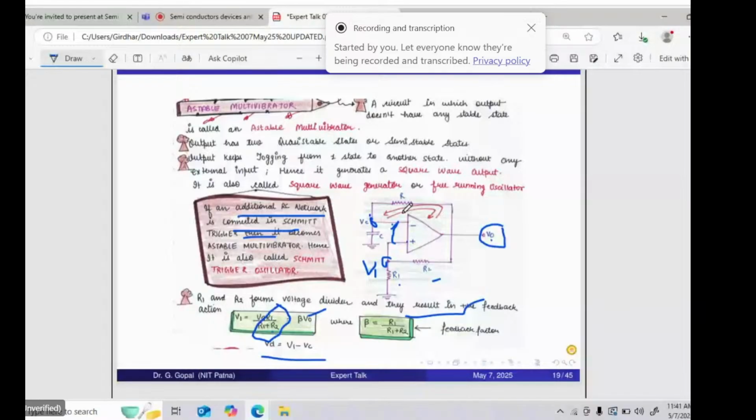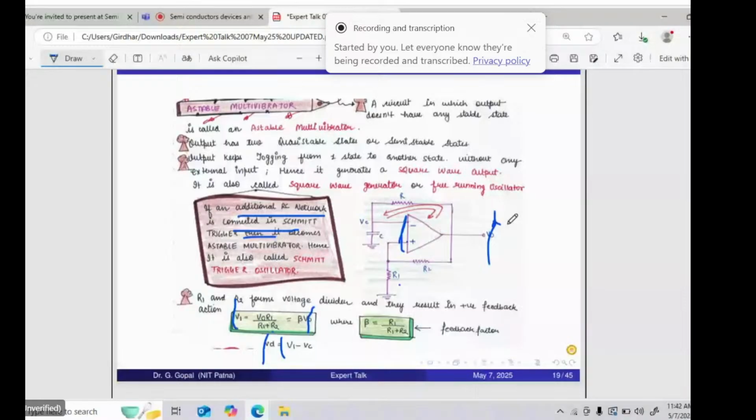If V1 is increasing, VD is also increasing. If this difference is increasing, the output voltage is also increasing. So it attains a higher increase in output voltage. So it is a positive feedback only. That's why it is a positive feedback network. This is the test for positive feedback.